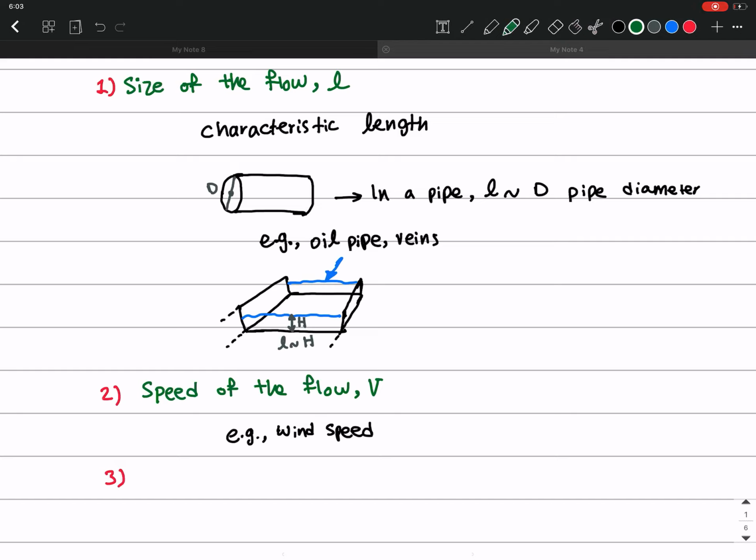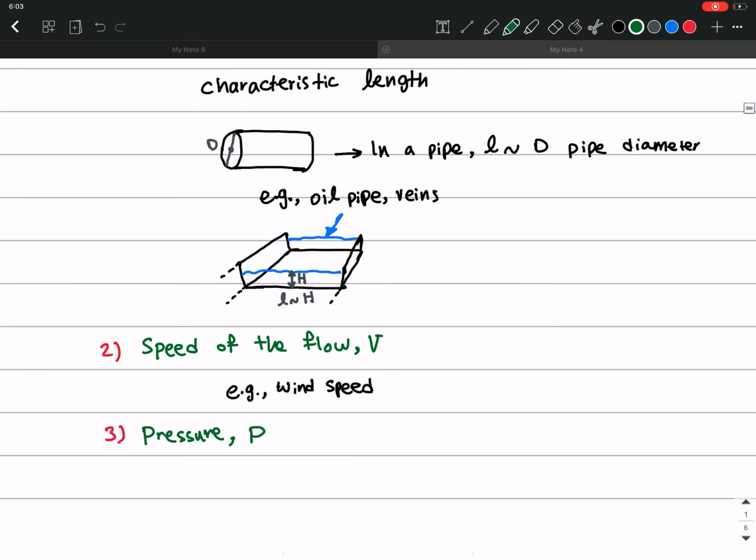The third important parameter is pressure. This is probably something new. It's very important in fluid problems, and we show it with P, pressure. An example of that is something you might not consider, but that's also very relevant: blood pressure, right?